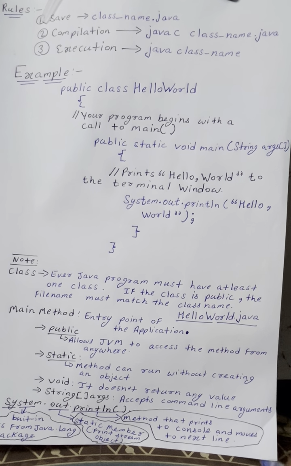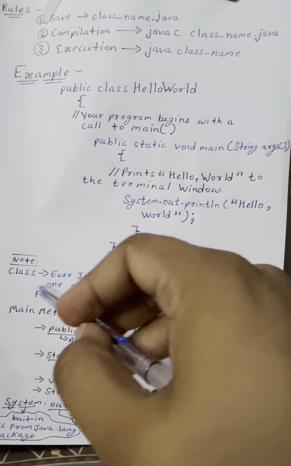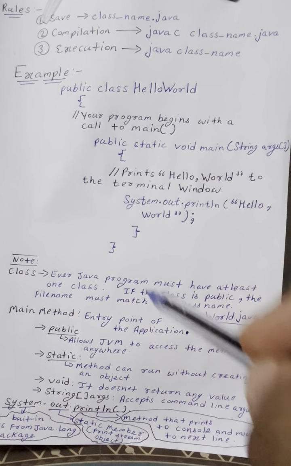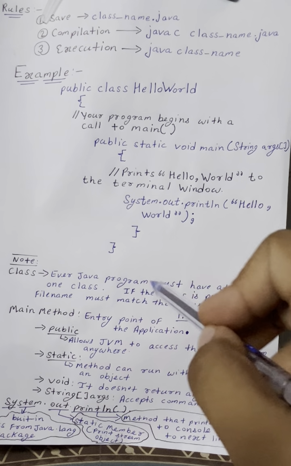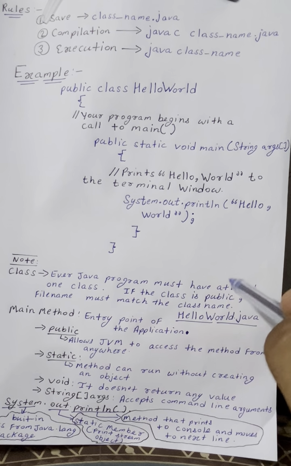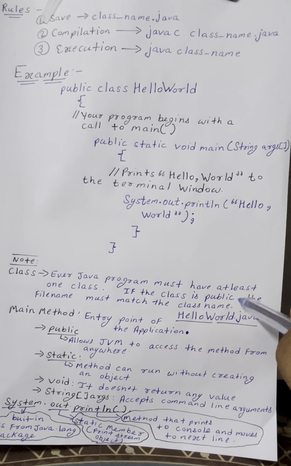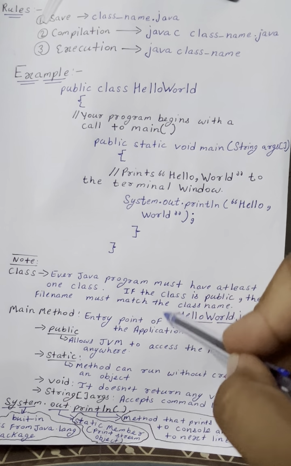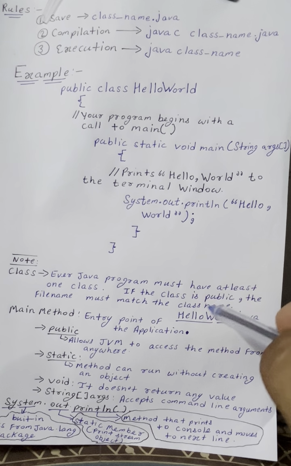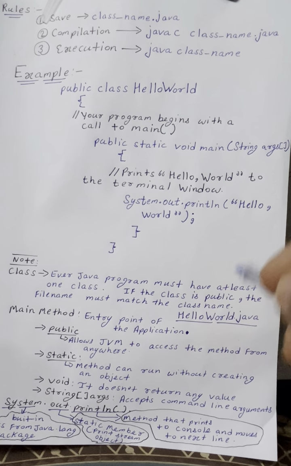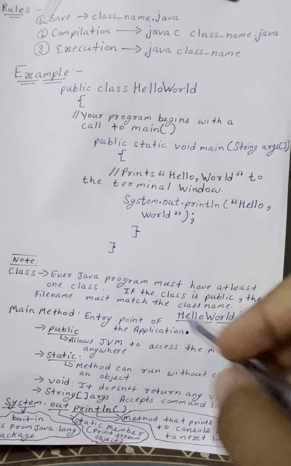Let's talk about some important points here. First is class. Every Java program must have at least one class. If the class is public, the file name must match the class name, and if it doesn't match, then there will be an error. So don't do that.